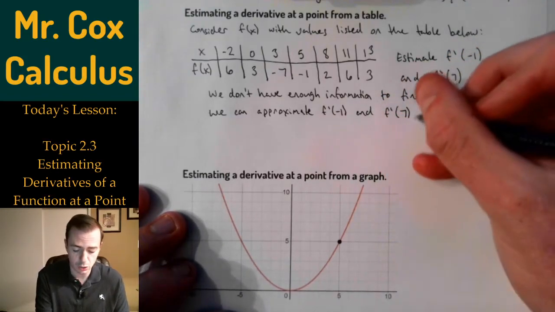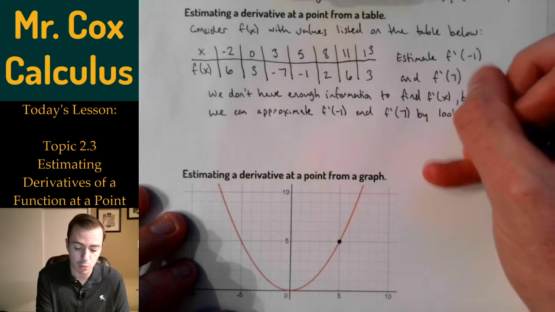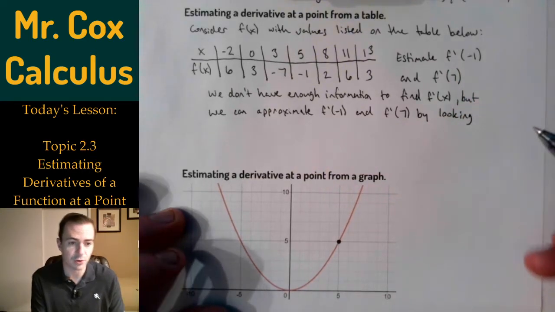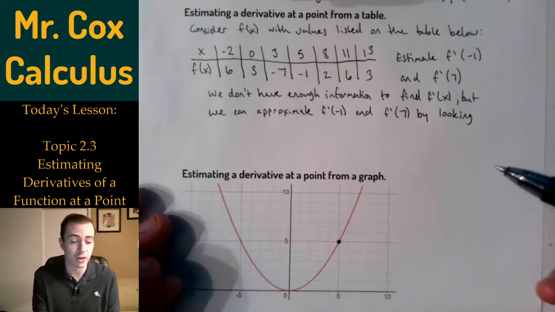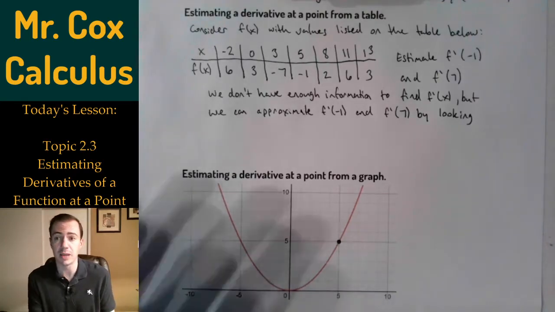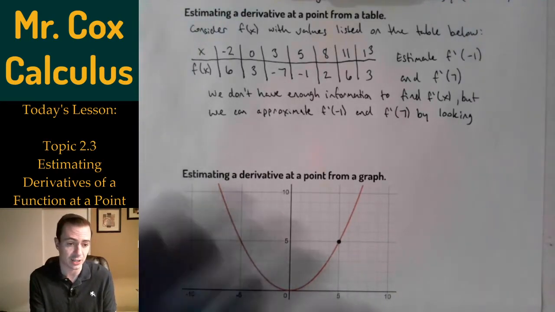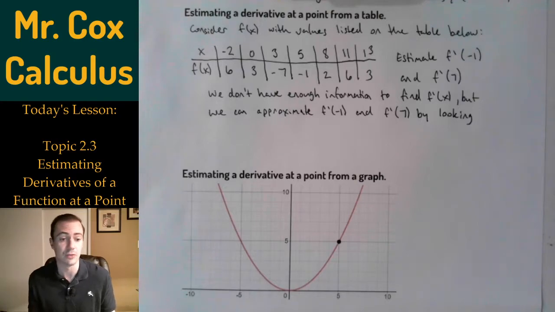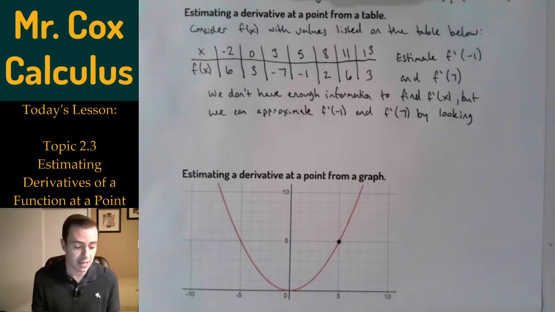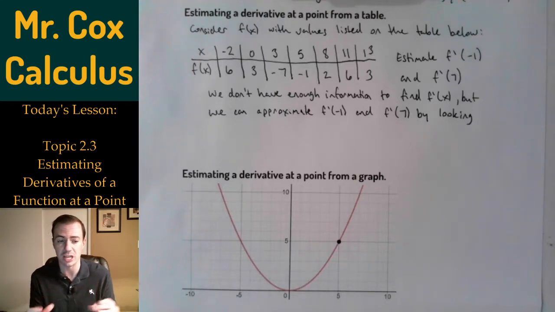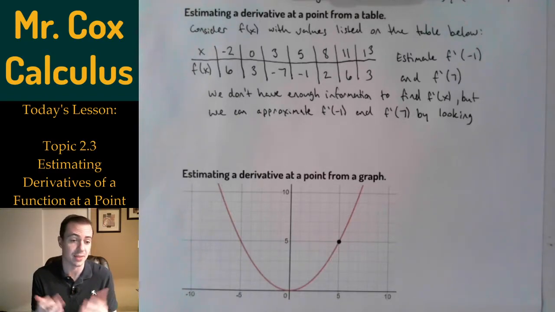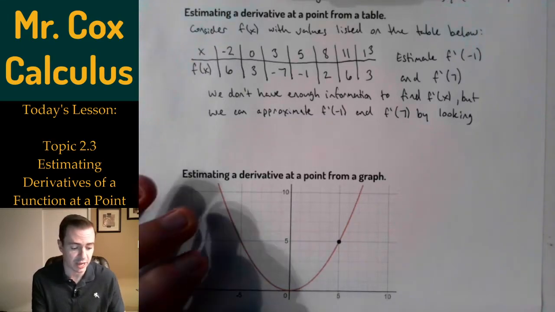The way that we're going to do that is we're going to go back to when we look at average rate of change over an interval, except to approximate the instantaneous rate of change, we're going to look at the smallest interval that we can get from the table. So we're going back to average rate of change, but we are going to try to keep the interval as small as we can. That's the best we can do to estimate the instantaneous rate of change from the table.